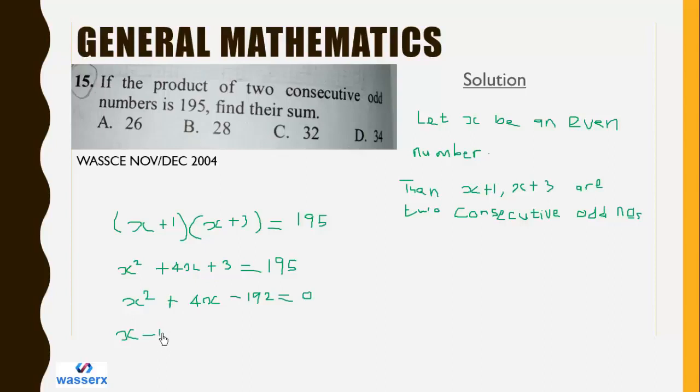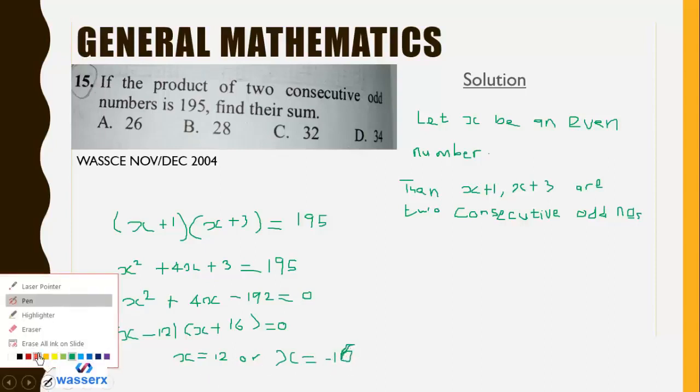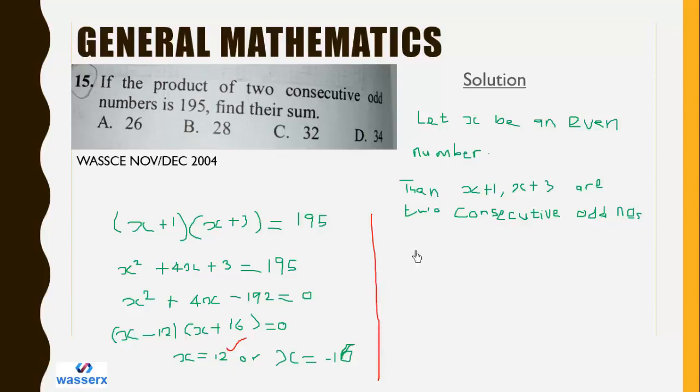So we factor this to obtain x minus 12 into x plus 16 is equal to 0. x is either equal to 12 or negative 16, but x is positive, so x equals 12. So we substitute to get 12 plus 1 and 12 plus 3. So the numbers are 13 and 15. The consecutive numbers are 13 and 15. So if we add 13 and 15, we are going to get 28.